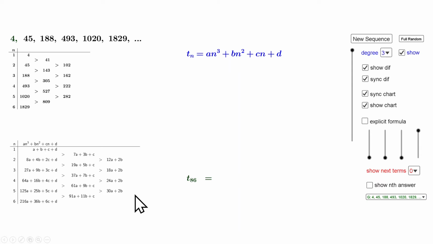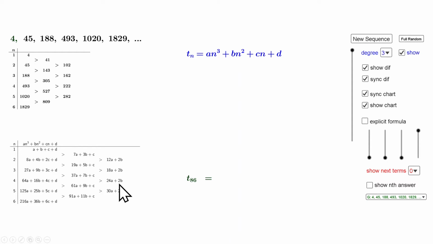Now what's the difference between the 7 apples, 3 bananas, and 1 cherry, and the 19 apples, 5 bananas, and 1 cherry? I've added 12 apples and 2 bananas between those bowls. But that's not the same as what happens between the second and third term. There I added 18a plus 2b, and that's not the same as between the third and fourth values, which is 24a plus 2b.